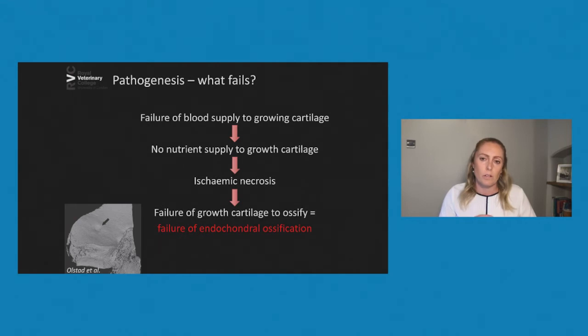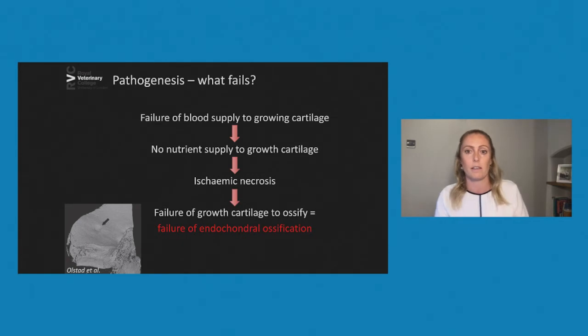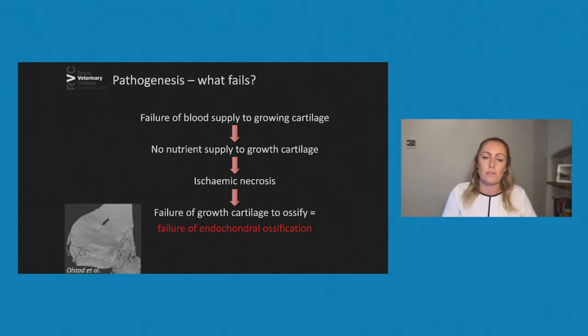So we know that osteochondrosis is a result of the failure of endochondral ossification, and this research group has linked this to a failure to supply the growth cartilage with blood, as we were just looking at. The cartilage canals that house these blood vessels, that the blood vessels are traveling through, are filled with either cartilage or bone, which is resulting in a failure of the blood supply to a certain area of the bone.